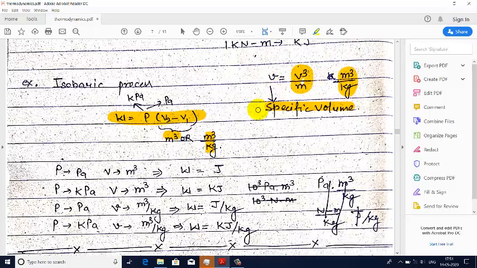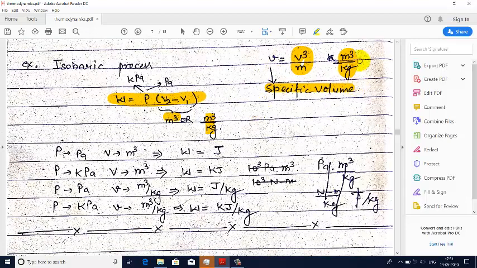In many equations, sometimes the volume is represented by meter cube, and in many questions the volume is represented by specific volume. Specific volume means volume divided by mass and its unit is meter cube per kg.